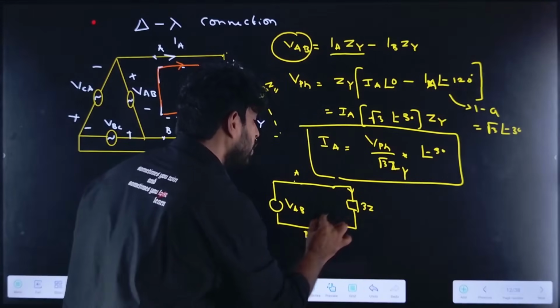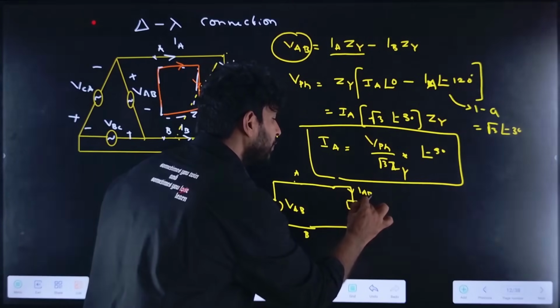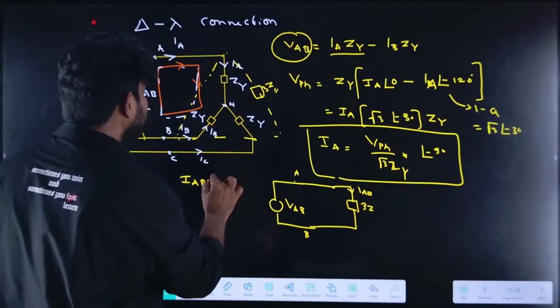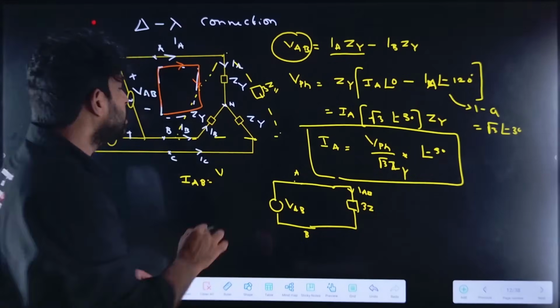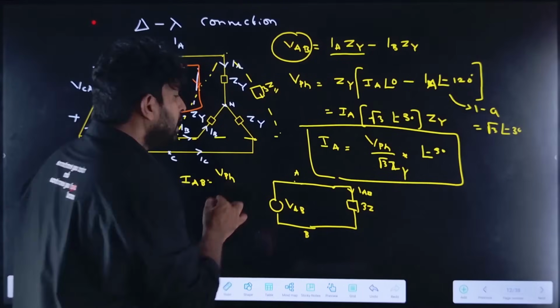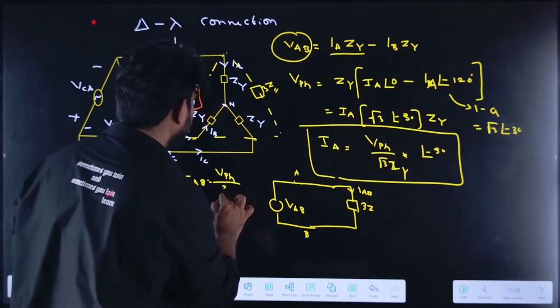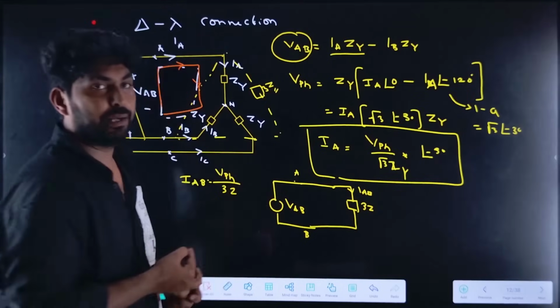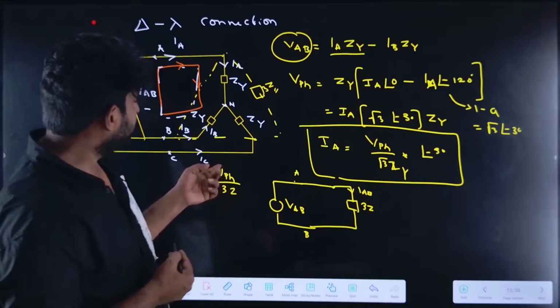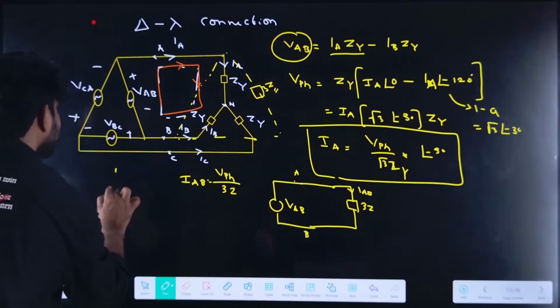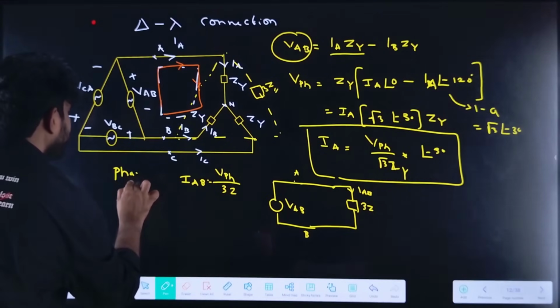If I take one phase out, it will be like this. So IAB equals VAB, that is VL, equal to V phase here. So V phase divided by 3 into Z is IAB, that is the phase current.